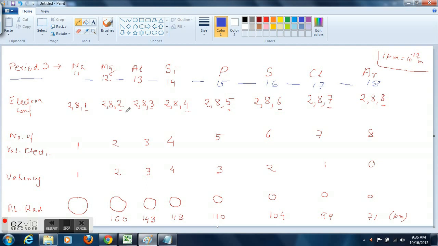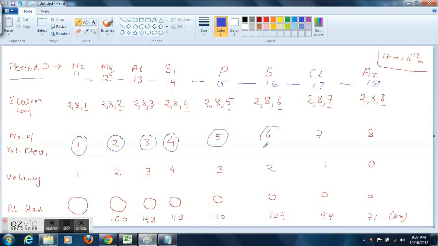If it can reach the octet, then it is stable. As long as its octet is not achieved, that means it does not have 8 electrons in the outermost shell, it will try to enter into chemical reactions, sometimes by gaining electrons, sometimes by giving electrons, and sometimes by sharing electrons, so that it can have an octet.